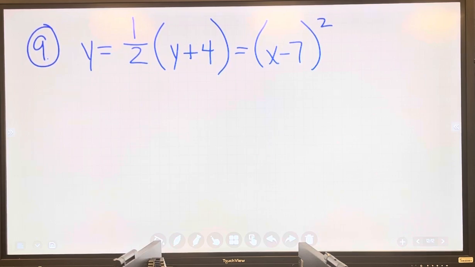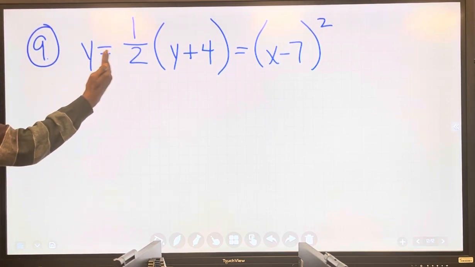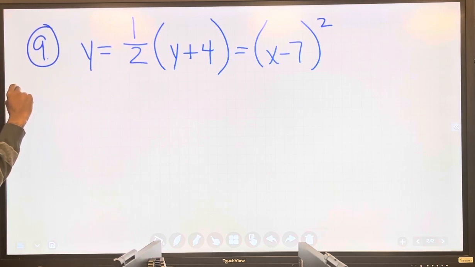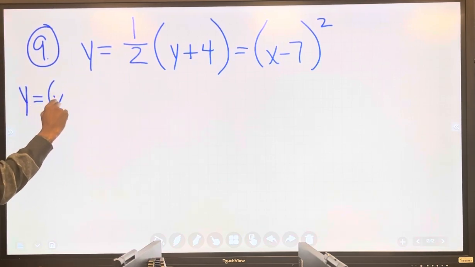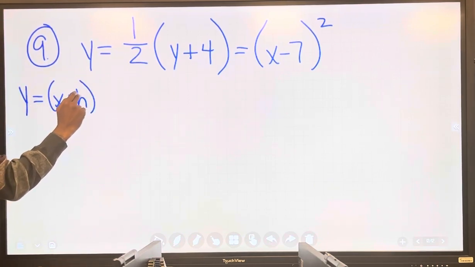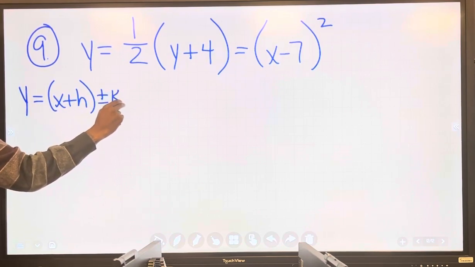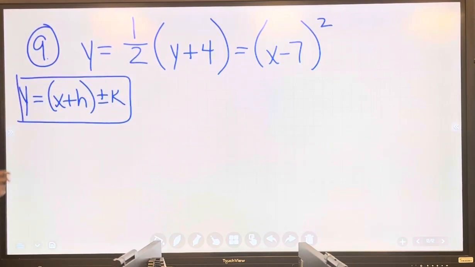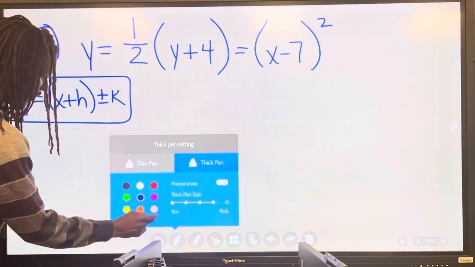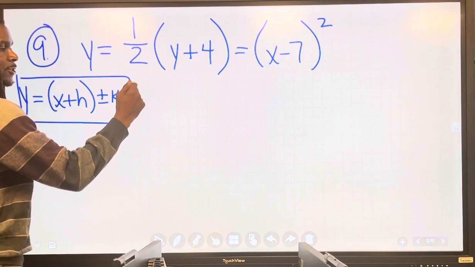Remember, what is my vertex form? As long as we get it to this form, this is where we're going, right? So the first thing I'm gonna have to do is what?